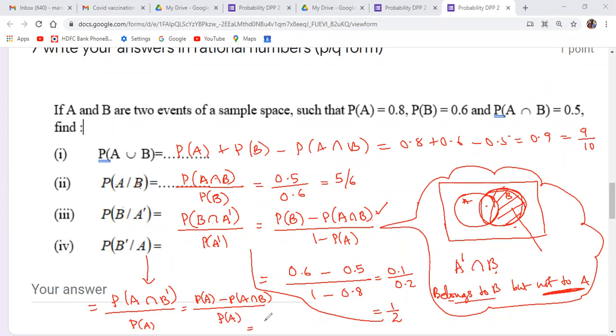P of A is how much? 0.8 minus 0.5 divided by 0.8. So the answer is 0.3 upon 0.8, so 3 by 8.